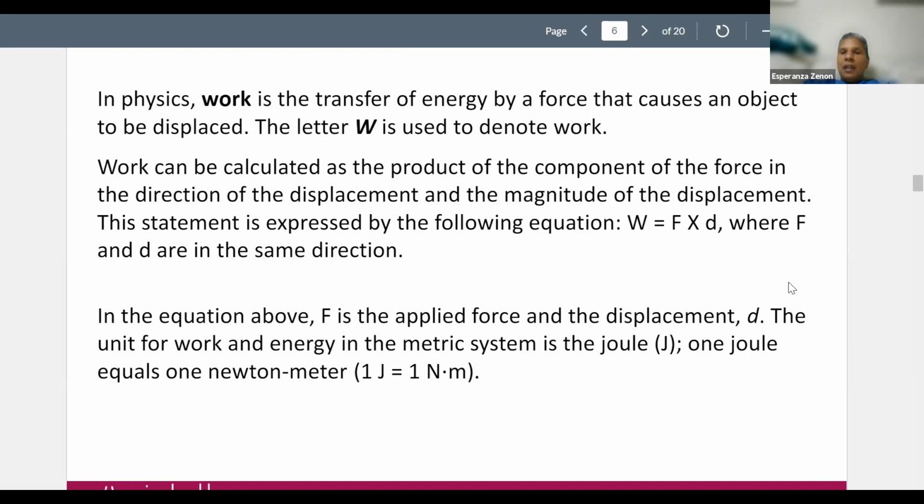If you carry an object, then your force is supporting the weight of the object. But if you're carrying the object, you're walking forward. So you walk forward, you hold the object and carry it, there's no work being done, because the force and the displacement in that situation are perpendicular, okay? So in the situation where you carry an object, the force is supporting the weight of the object.